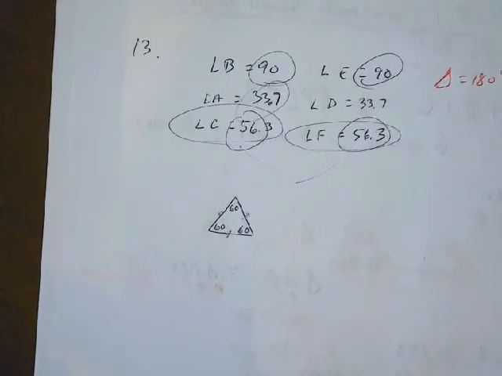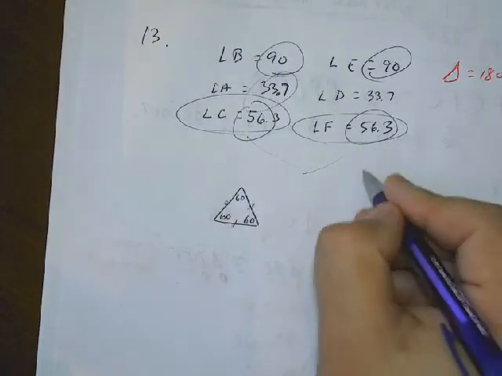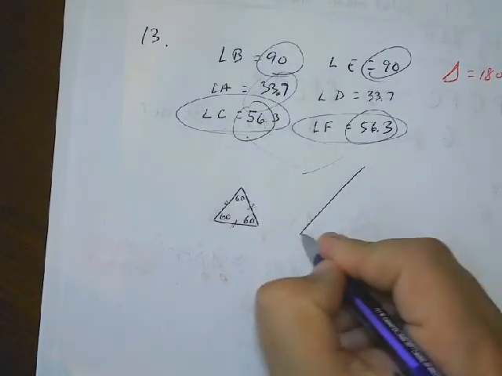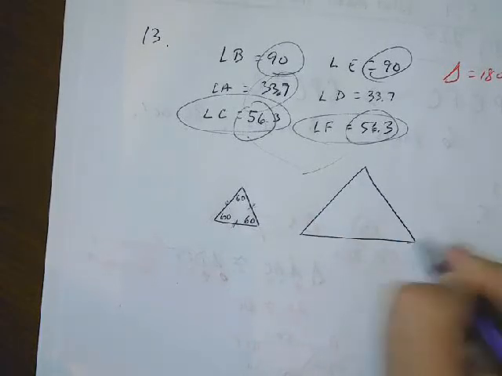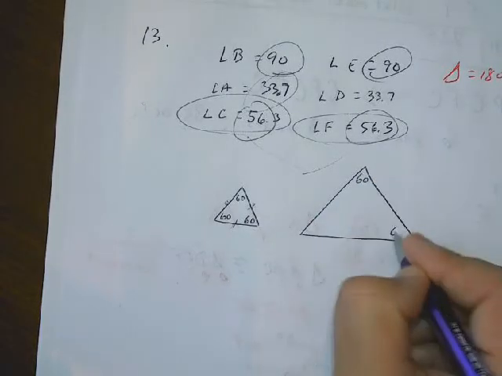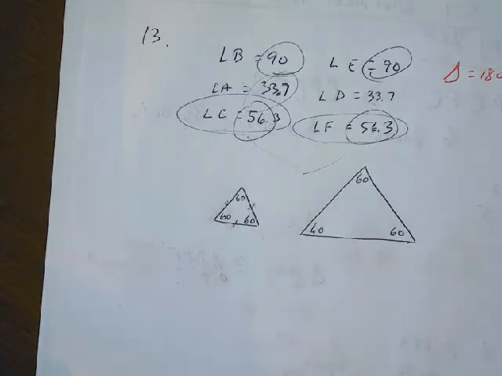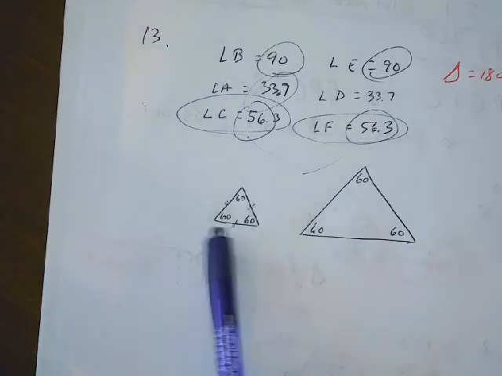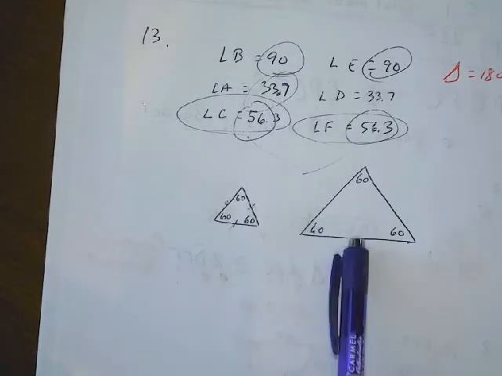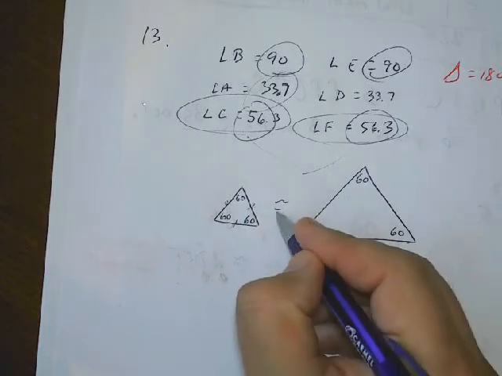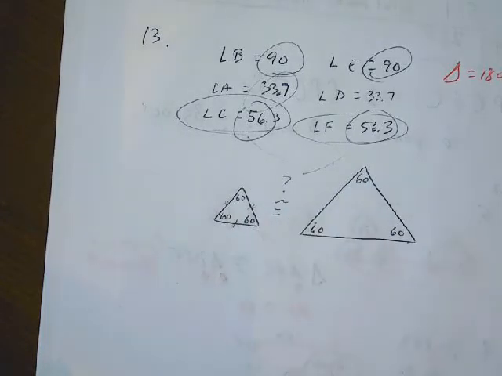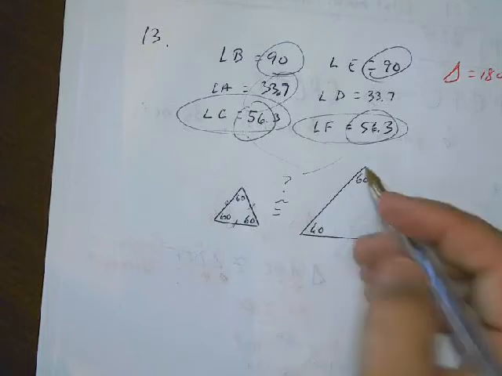Okay, you see it? Well, what if I just do a bigger equilateral triangle? Everyone see that? Now I've got an equilateral triangle here and an equilateral triangle here. They have the same angles. Are these two triangles congruent? No, not at all.